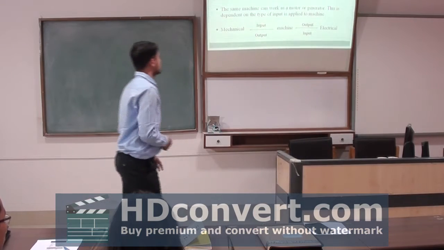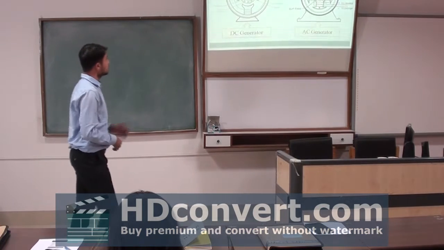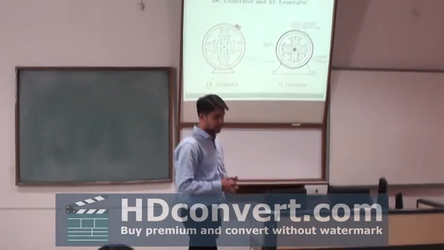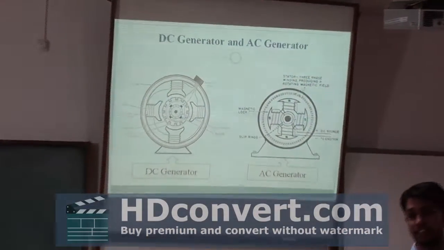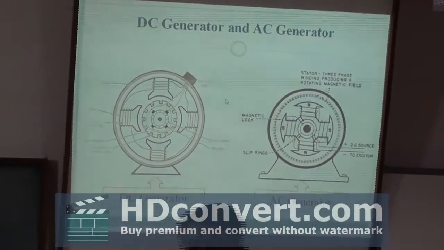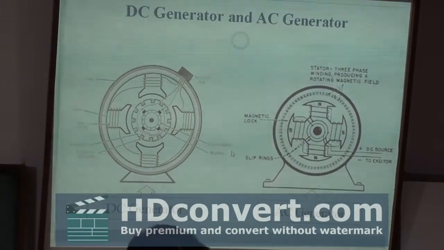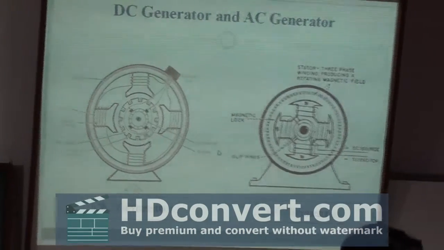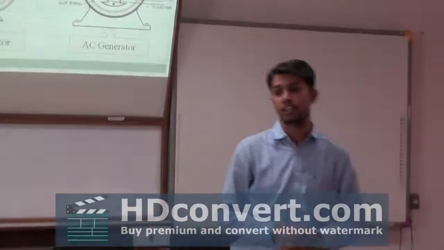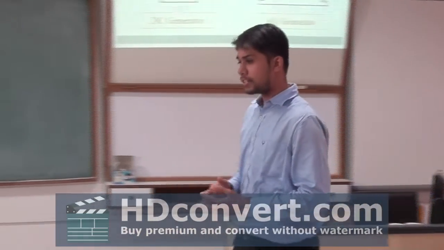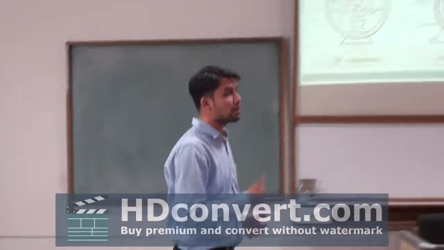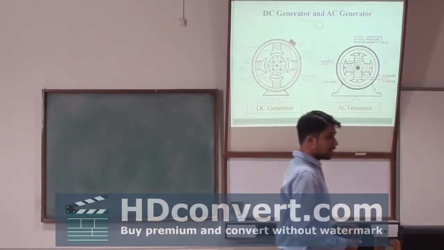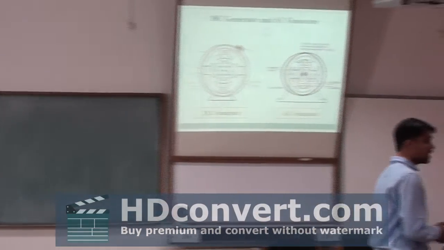Next please. Now, before starting, we have two types of generators: AC generator and DC generator. The basic difference is the working supply. The output in the case of an AC generator is alternating, and these generators are usually used at power stations where we produce a bulk amount of electrical energy, which is transformed with the help of a transformer.